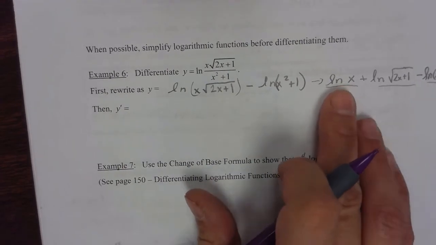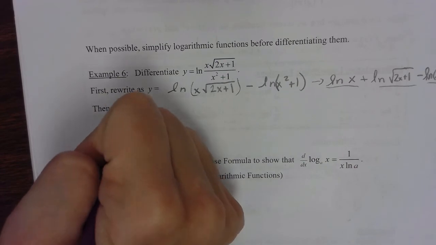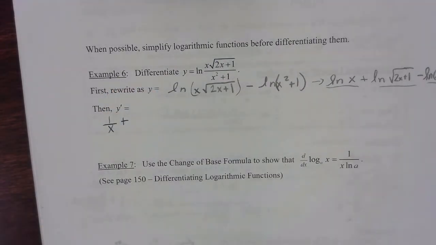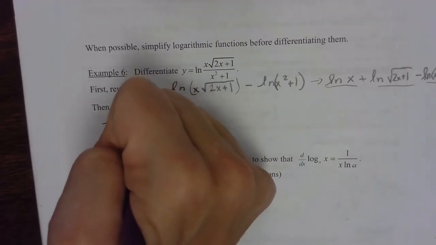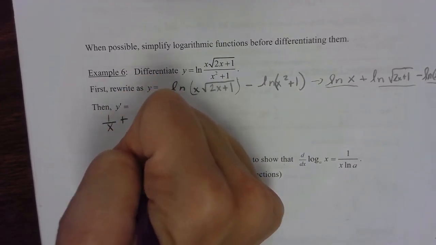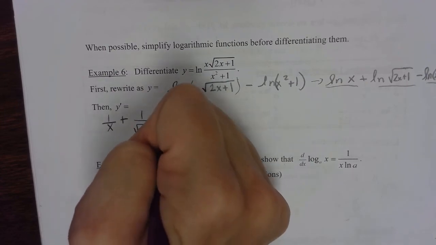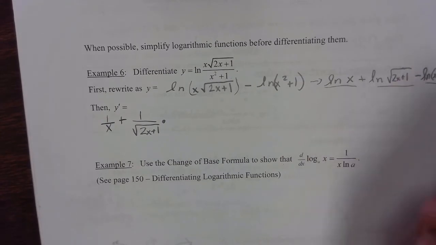What's the derivative of ln x? 1 over x plus, what's the derivative of this second ln? Well, let's do this. 1 over square root of 2x plus 1 times the derivative of this, right?